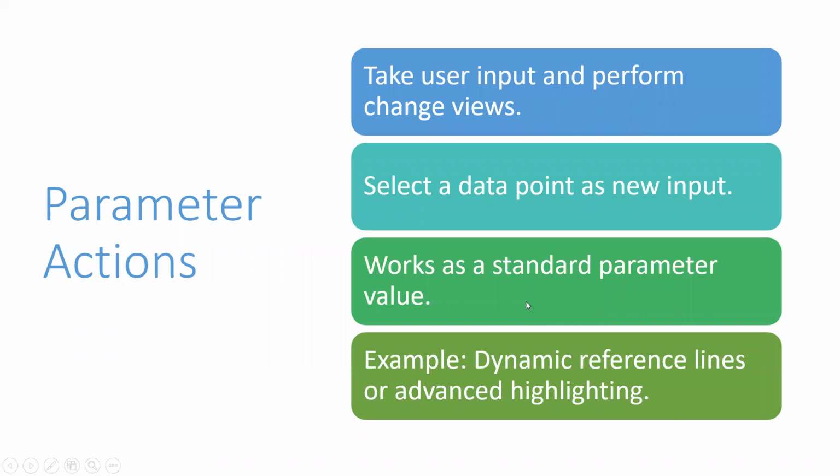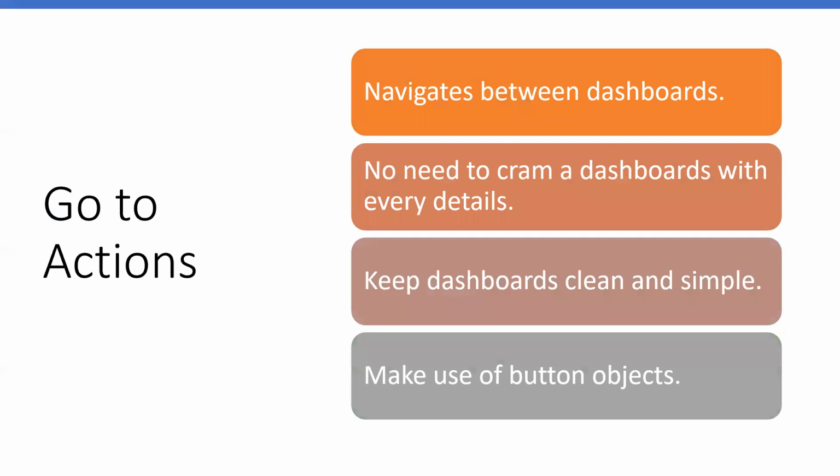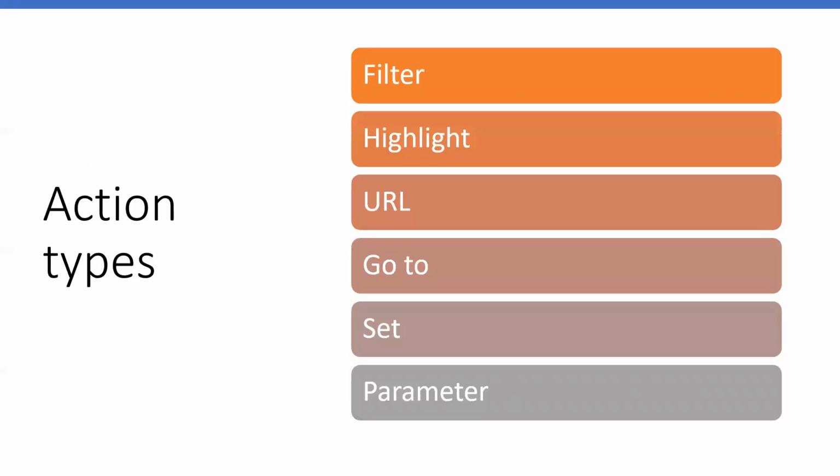So we have covered almost everything that is required to create an interactive dashboard. To create an interactive dashboard we require 1, 2, 3, 4, 5, 6. These are the 6 main action types that we see in Tableau. If we know how to use all these 6 features, we can create an interactive dashboard.